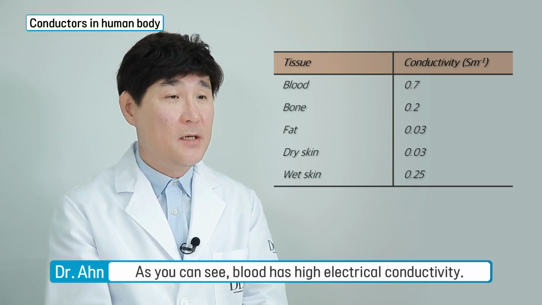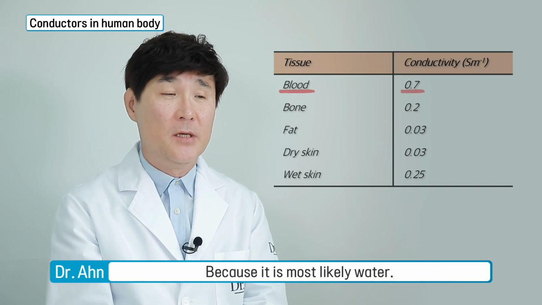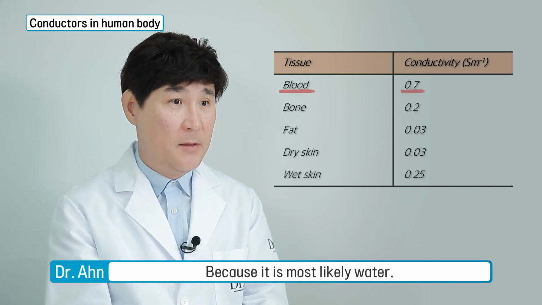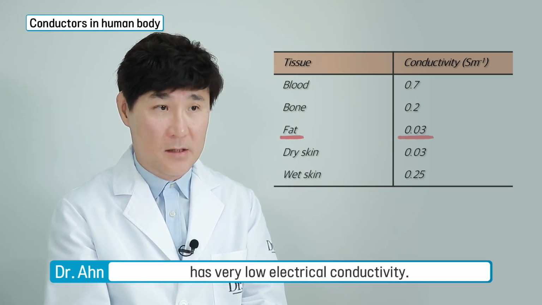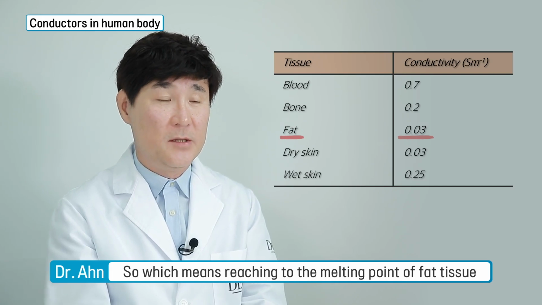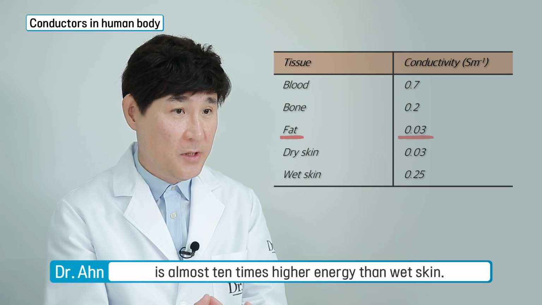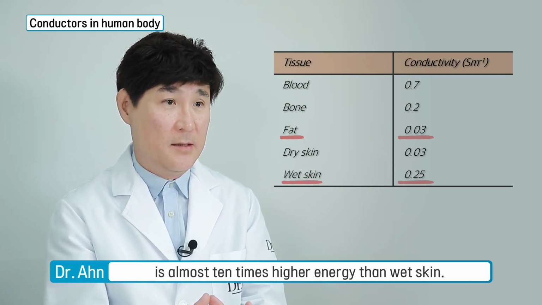As you can see, blood has high electrical conductivity because it is mostly water. But fat tissue has very low electrical conductivity. Which means reaching the melting point of fat tissue needs almost 10 times higher energy than wet skin.